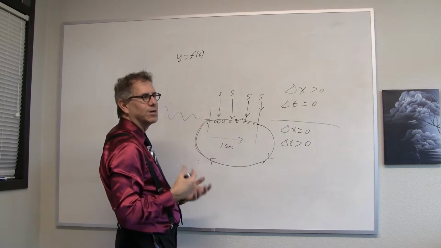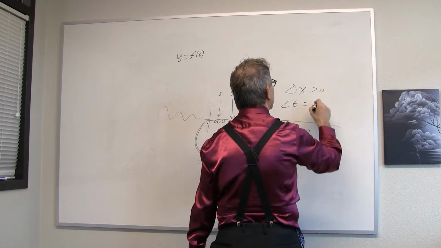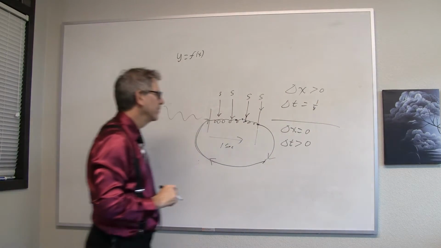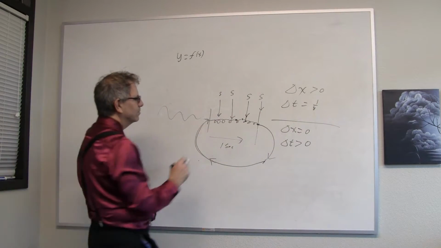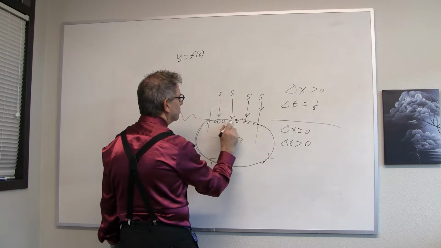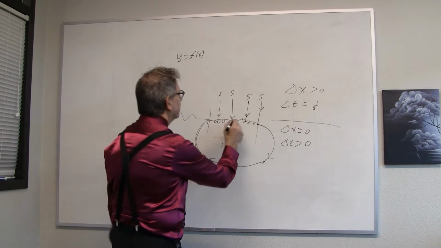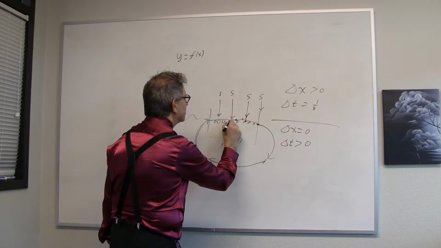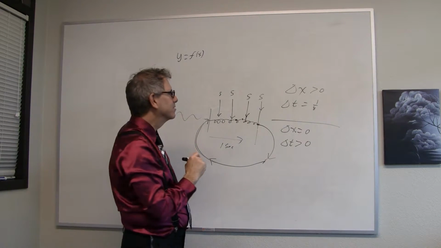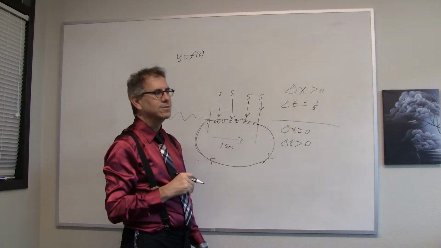But suppose we only want a penalty of 1/8. Well, if we're trying to measure a point that's exactly at one of these sensors, we can do that instantaneously.